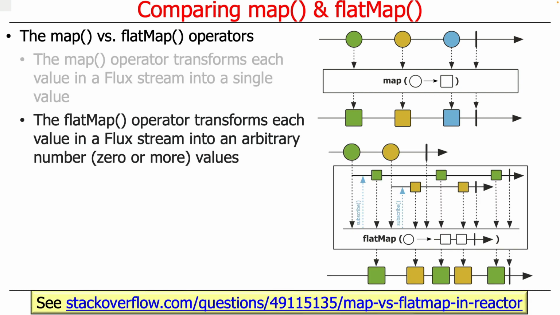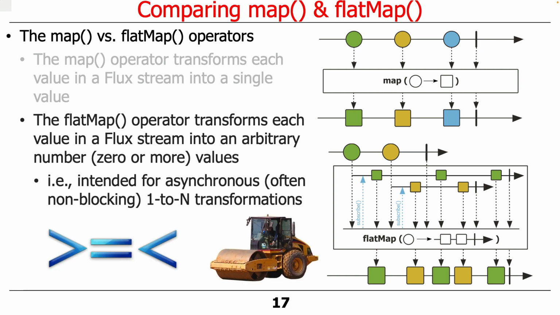You could also use it for blocking stuff if you wanted to, but we're trying to avoid blocking as much as we can. In contrast, the flatMap operator takes each of the values in a flux stream and converts them into an arbitrary number, 0 or more values. That's why you can end up with more, fewer, or the same number of output values from flatMap as you get input values. Whereas with map, as you can see in the marble diagram, it's a one-to-one mapping.